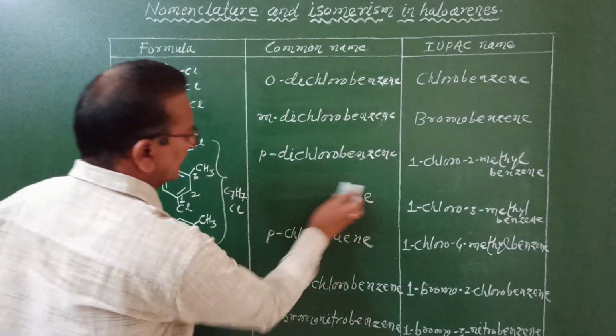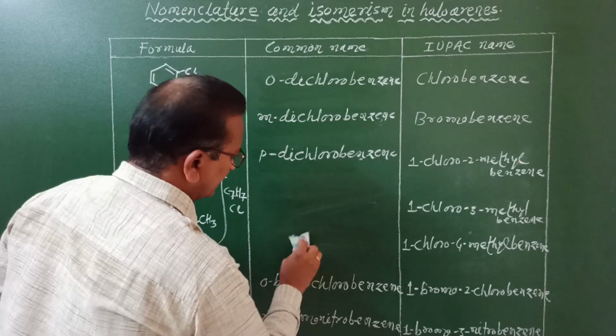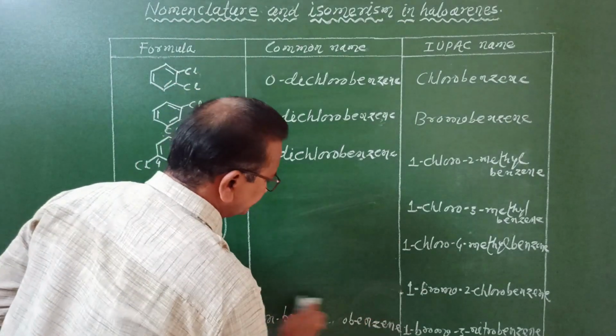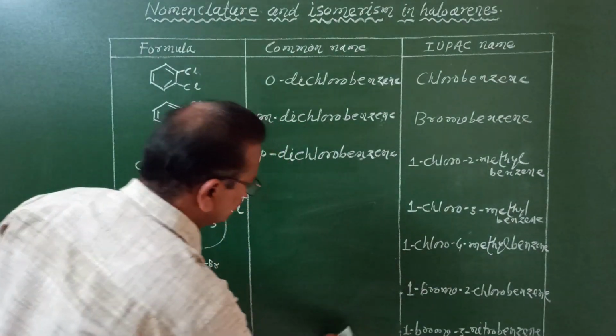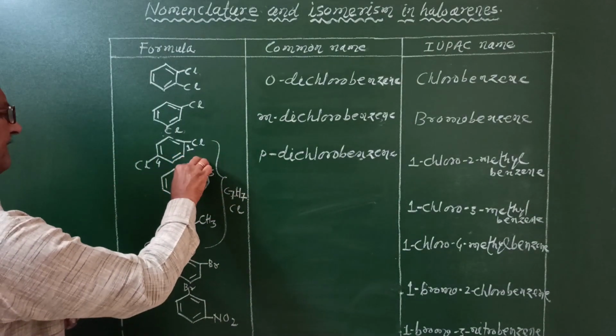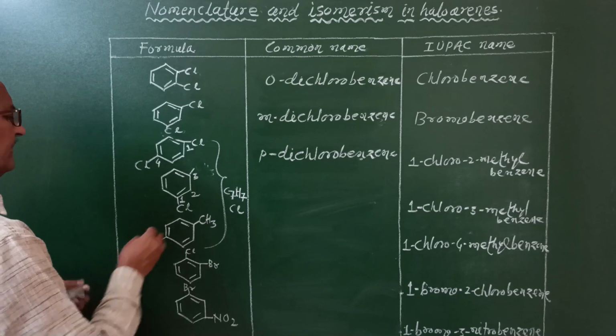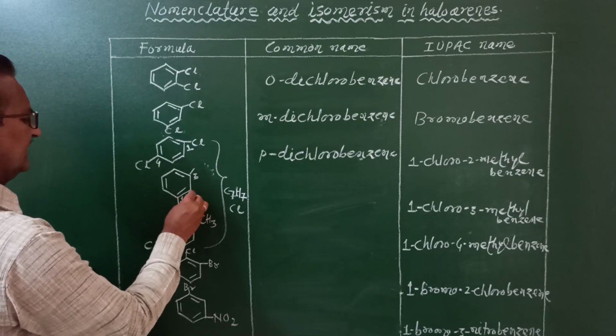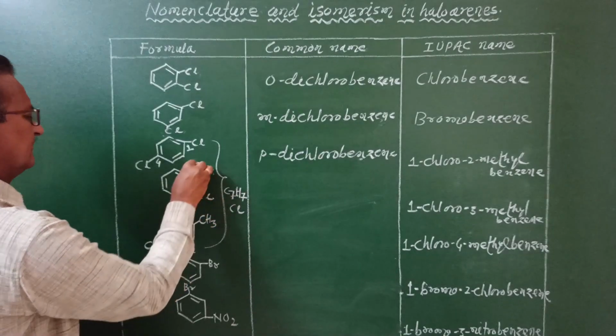Now we'll write examples of tri-substituted benzenes. Here we'll attach Cl.